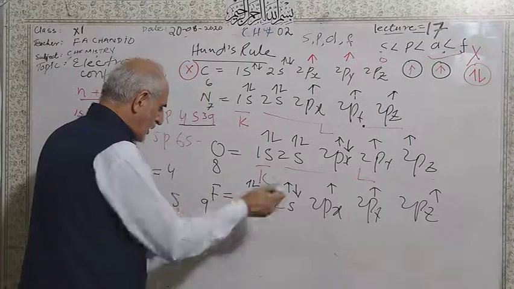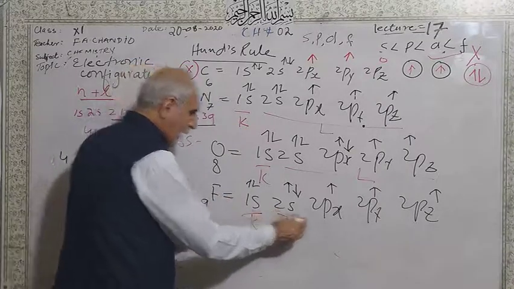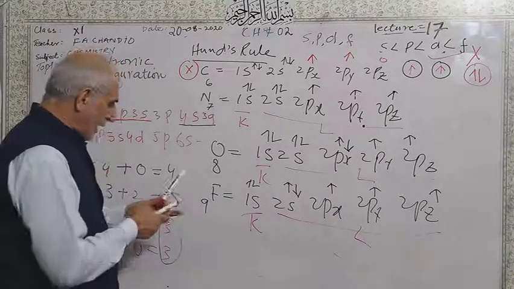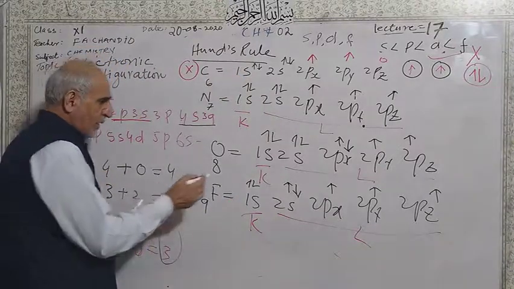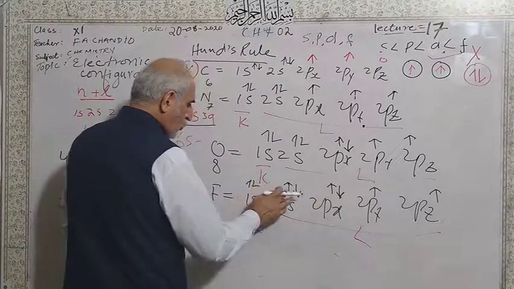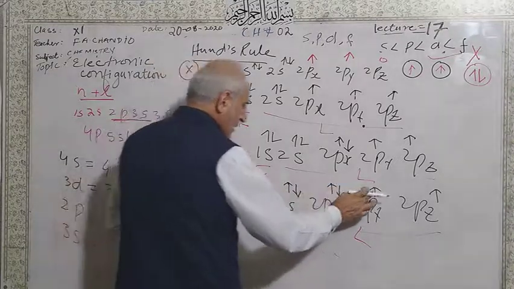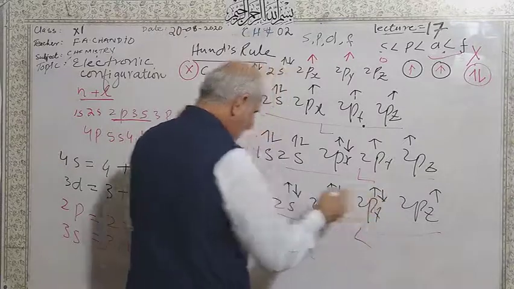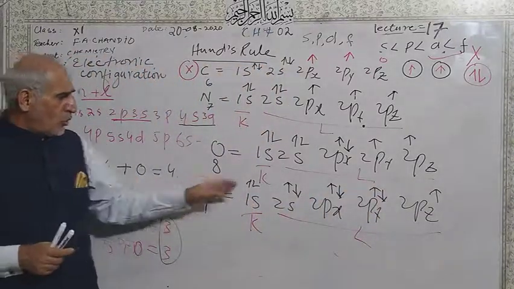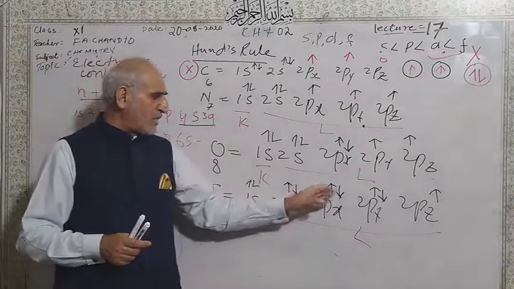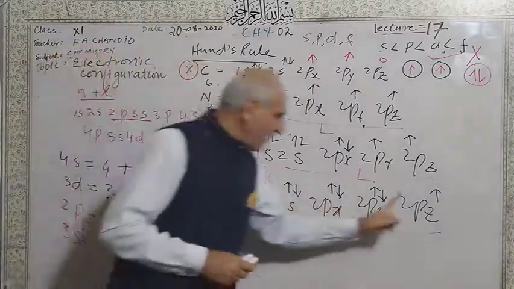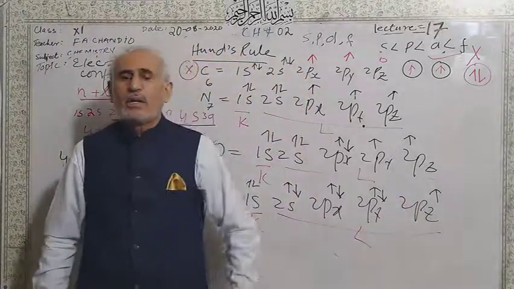So this is the K shell and this is the L shell. So 9 electrons you have to accommodate. So this is 2px2, 2, 4 and 6, 7. So one more. Yes, one more. So 2 plus 2, 4 plus 2, 6 plus 2, 8 and 1, 9. So dear students, there is one unpaired electron.